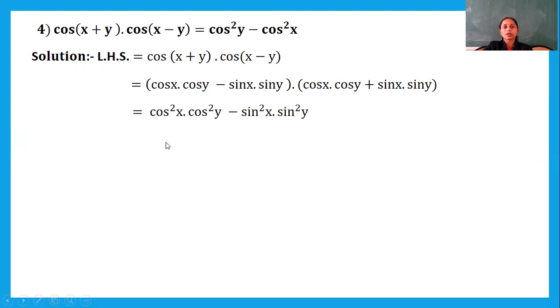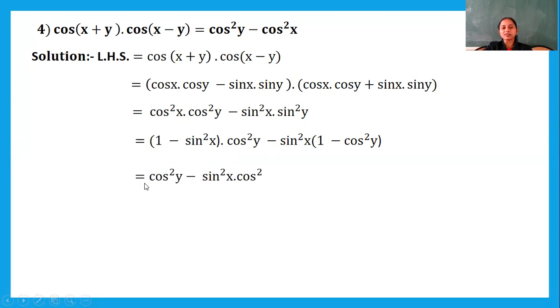Now convert this cos square x in terms of 1 - sin square x. We know that sin square theta + cos square theta is 1. So using these two formulas here for the cos square x and the sin square y, I have here cos square y - sin square x into cos square y - sin square x. Minus minus become plus, so sin square x into cos square y.